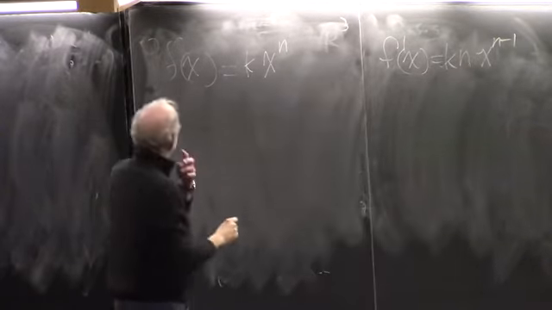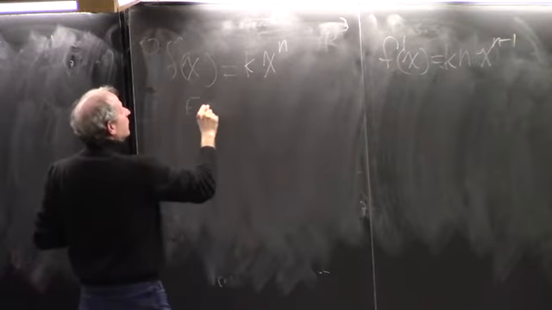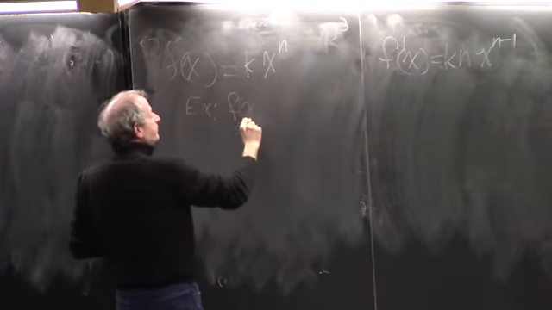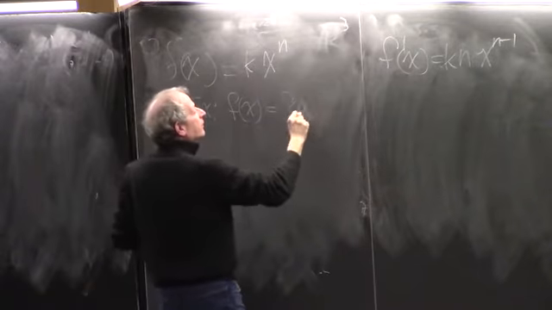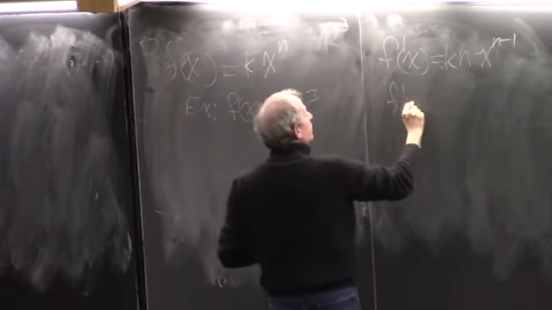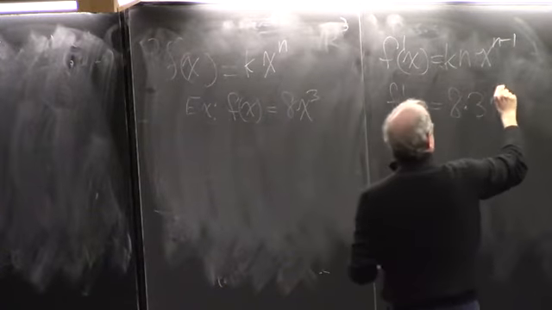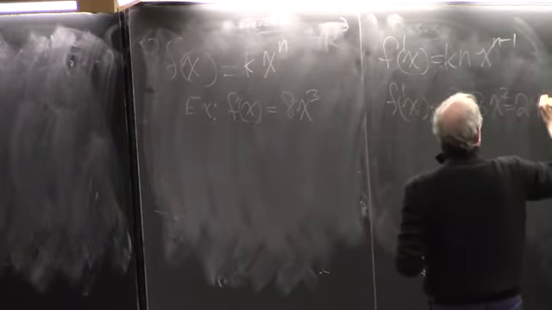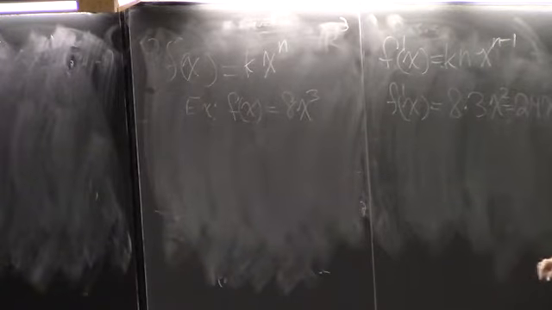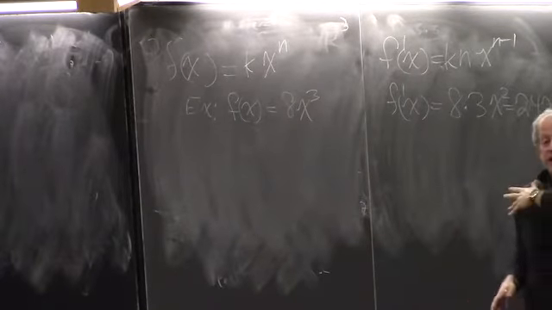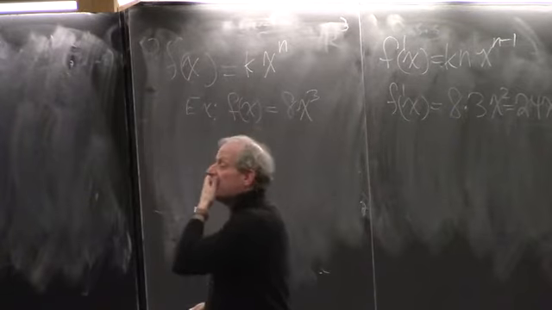So for example, remember that? That was the easy one, right? God forbid that was on the fun. So you just bring the power in front, multiply them together, and reduce the power by 1.